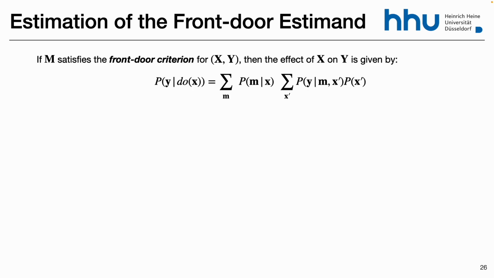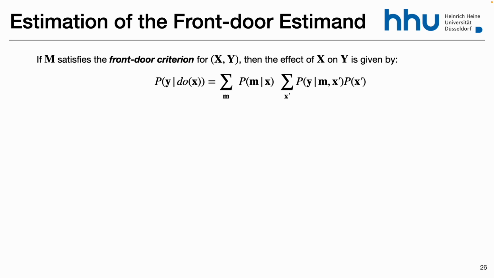So to estimate the front door, people have started already, so there are some recent results. And it's not that hard because front door is basically a composition of two back doors. But in the end, you still have to estimate some densities and apply a Monte Carlo approach.